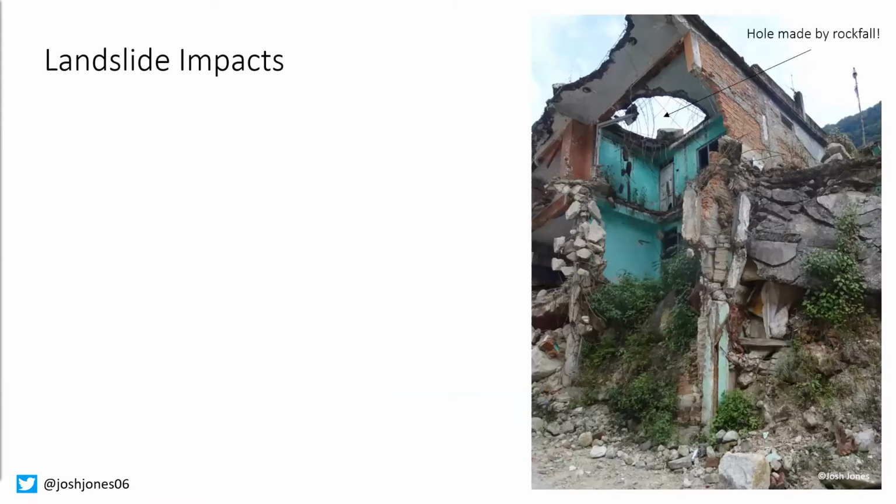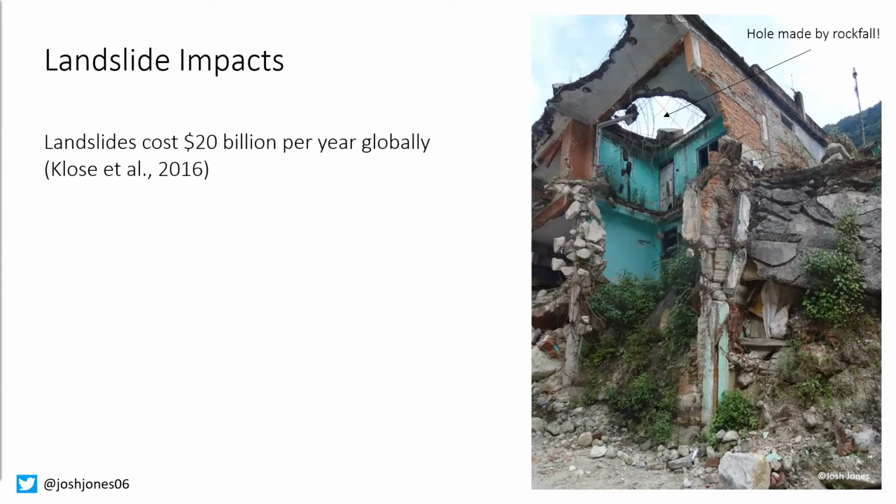So I'm now going to move on to landslide impacts. So what are the impacts of landslides and why should we care about trying to manage them? Well, firstly, landslide impacts are very expensive, with an estimated cost of around $20 billion globally. This is clearly a significant amount, particularly given that much of this cost is incurred in developing countries that are least capable of dealing with that cost.